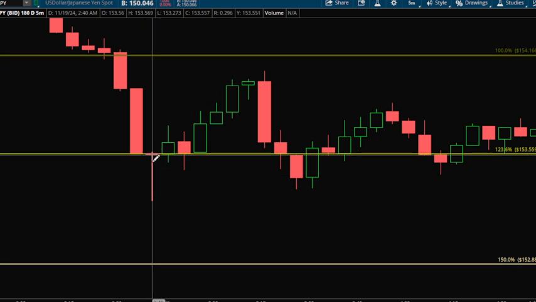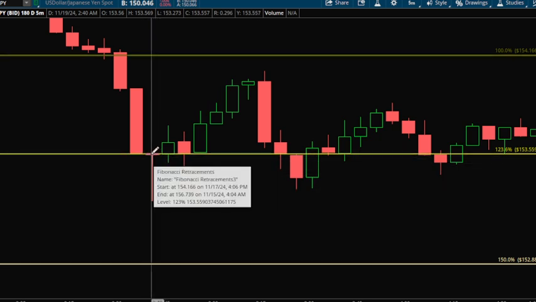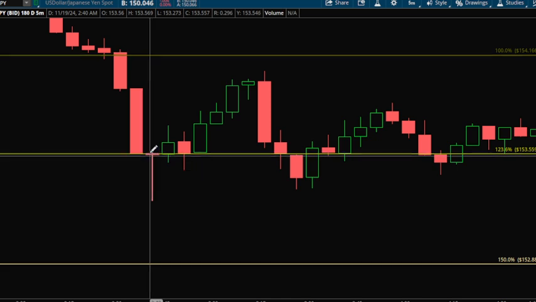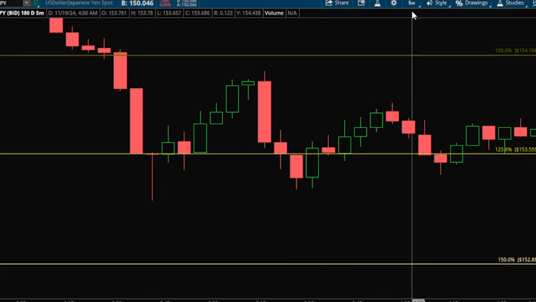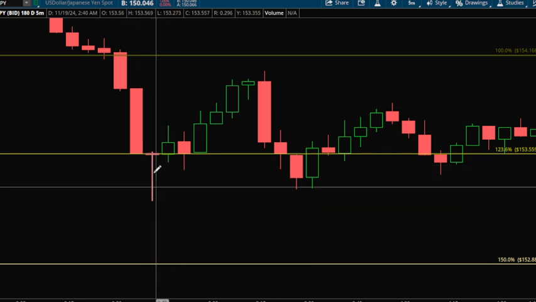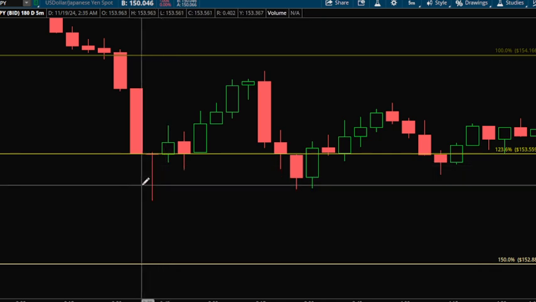But when you come across something like this, where price action is just so small, so minute right there, and then you got this long wick that, especially on a 5-minute time frame, I almost gotta ignore it.